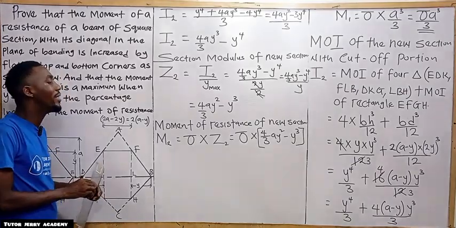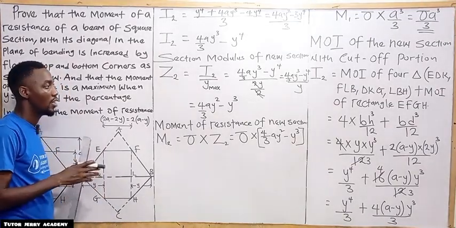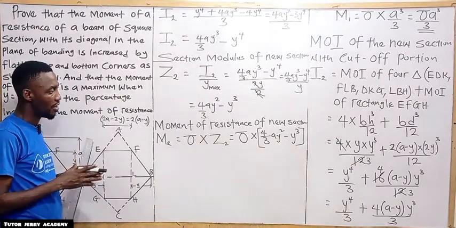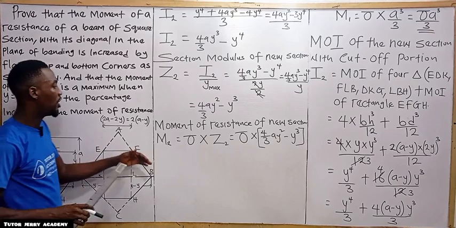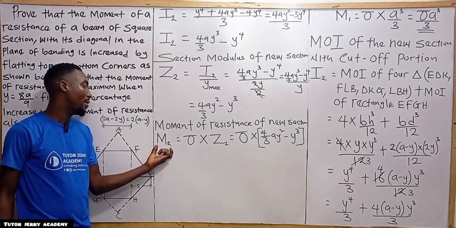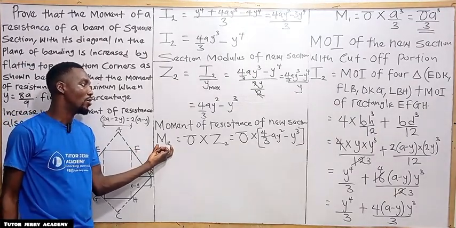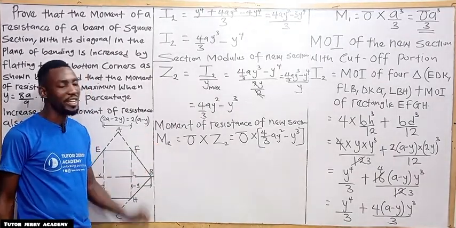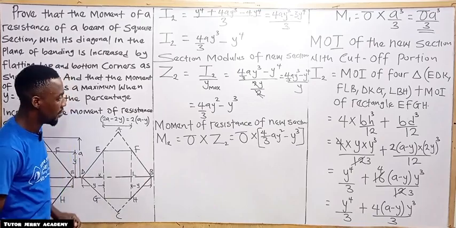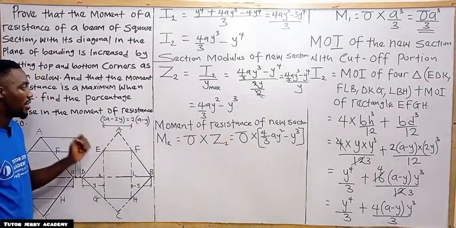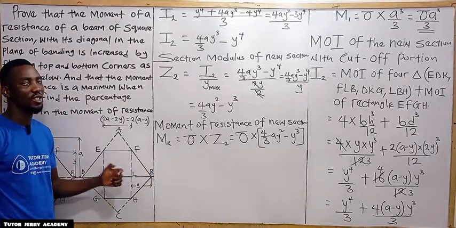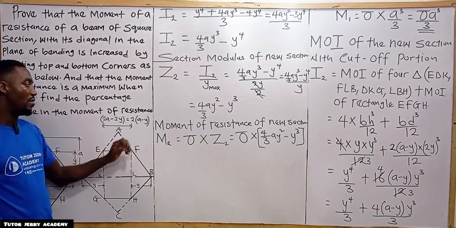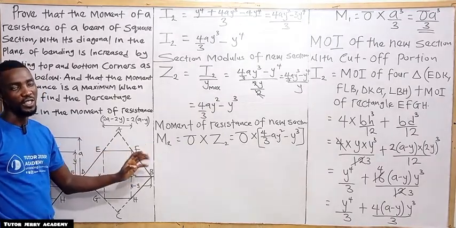All right. The moment of resistance of the new section will be maximum if we differentiate the moment in respect to y and we equate it to 0. Take note of that.